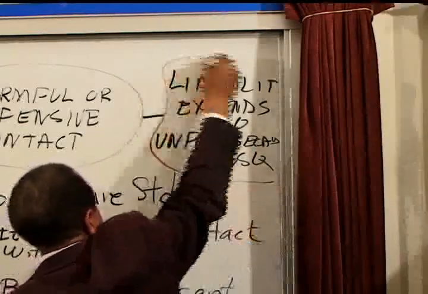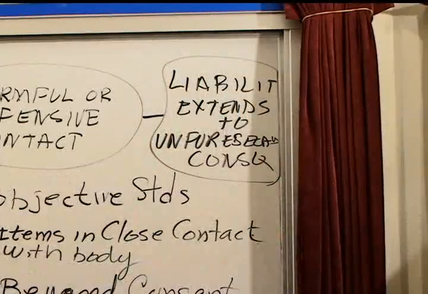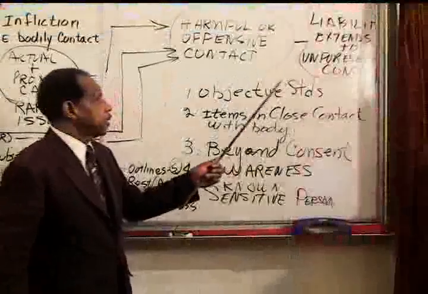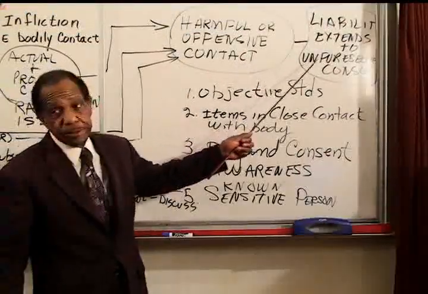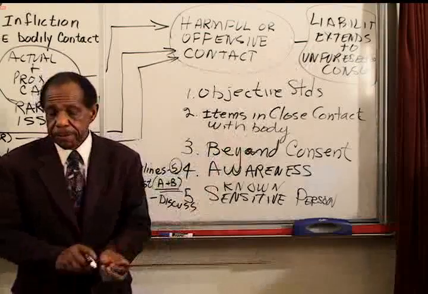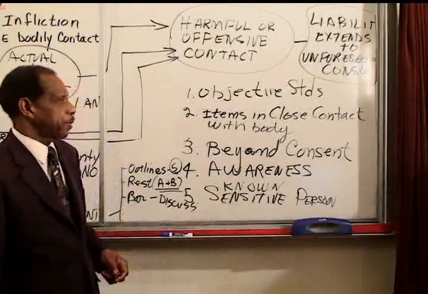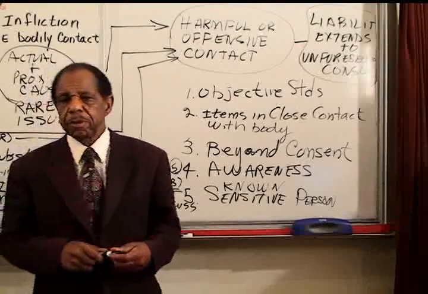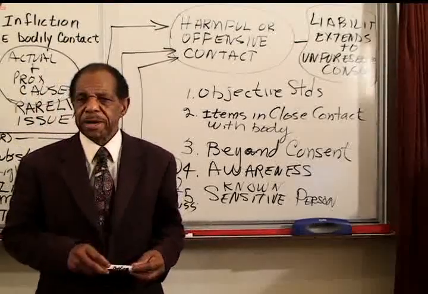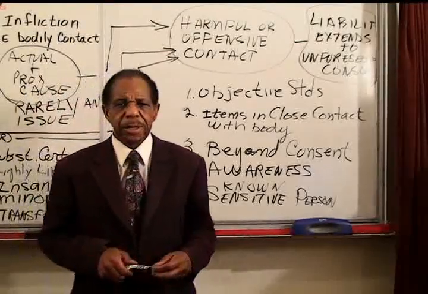Because this is nothing more than the thin skull plaintiff. Once you've committed the battery, then the person dies. You may be liable for the death. So that's just a thin skull plaintiff rule. And that, I think, is everything that you will want to know about the law of battery for exam purposes. And that is the end of this lecture.